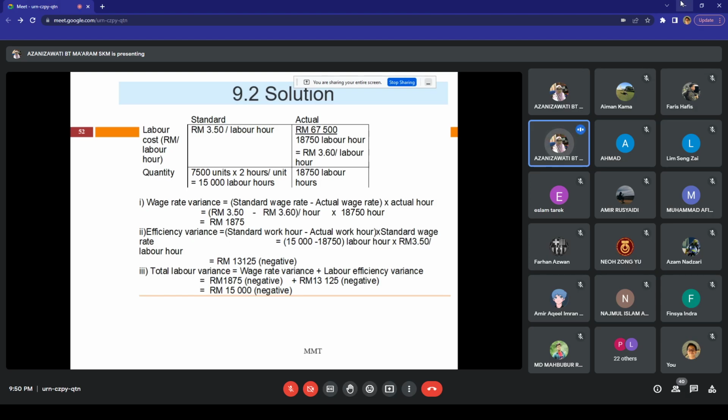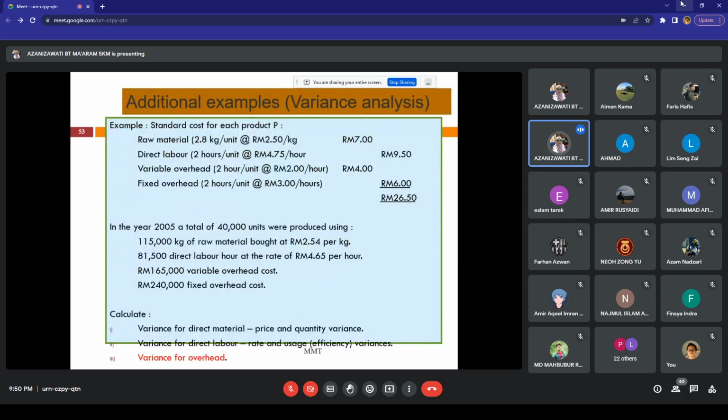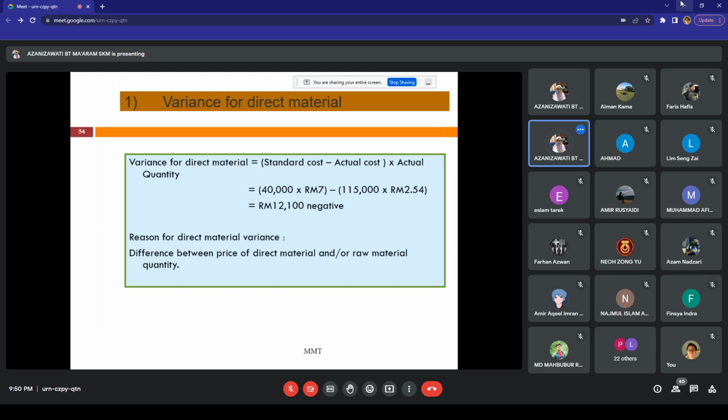And efficiency variance is also negative. Okay. The one above, I forgot to put the negative there. So therefore, the total labor variance is 15,000 total negative. Right. And this is also the same.